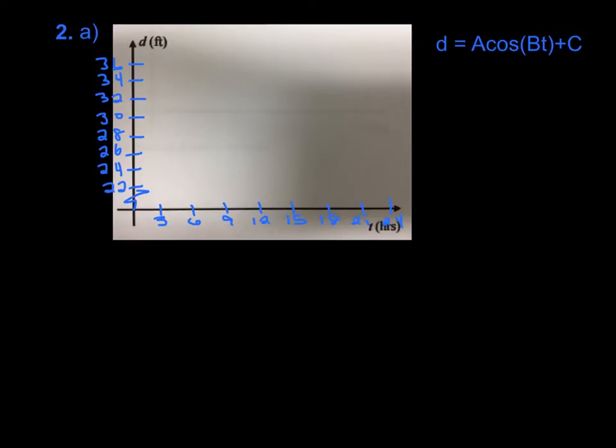They tell us to let t equals 0 represent high tide, and we know high tide is at a depth of 36 feet, so at 0, 36, I'm going to put a point to represent high tide. And they tell us to label all of our high tide and low tide points, so I'm going to label that 0, 36. It tells us that every 12 hours it's going to hit high tide again, so if we go all the way over here 12 hours later, it would be up at high tide again, so we could put a point at 12, 36.